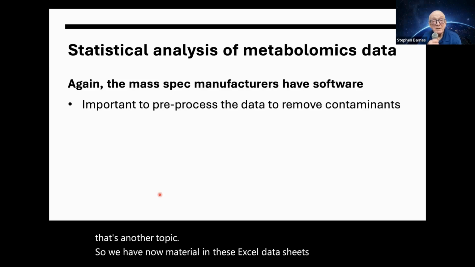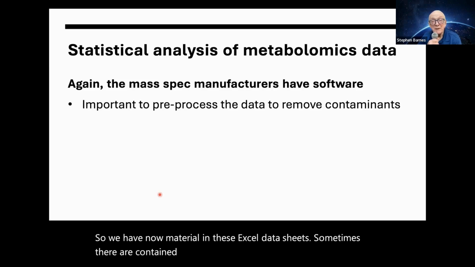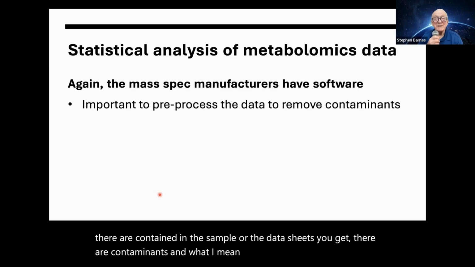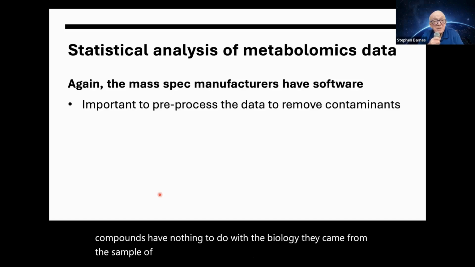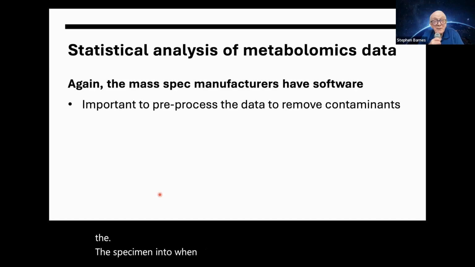Sometimes the data sheets you get contain contaminants. And what I mean by contaminants, these are compounds that have nothing to do with the biology. They came from the sample processing. They came from the tube that you put the specimen into when you transported it to the lab.